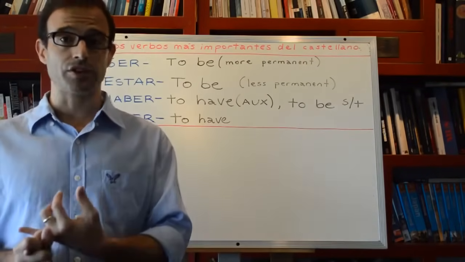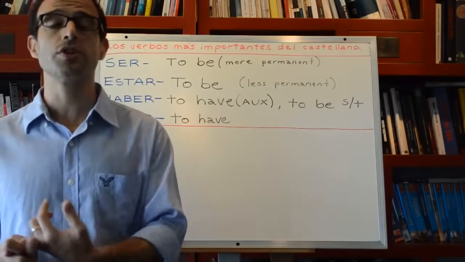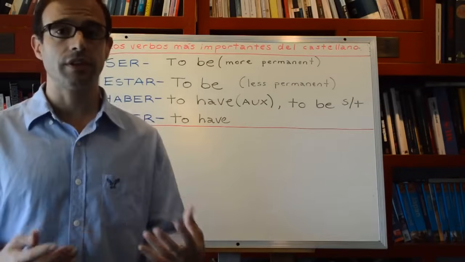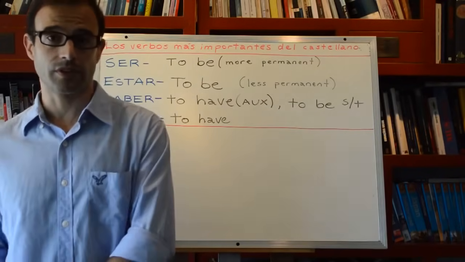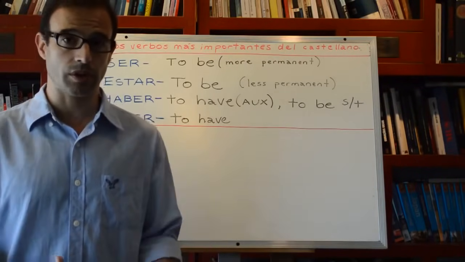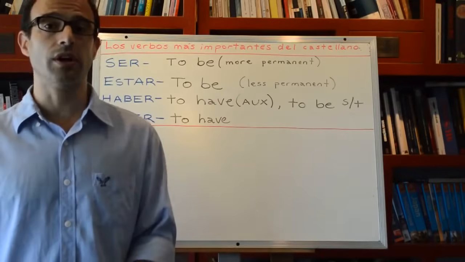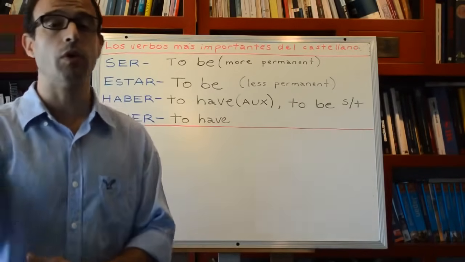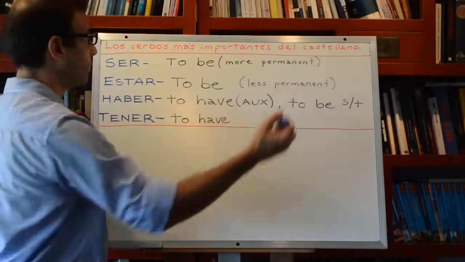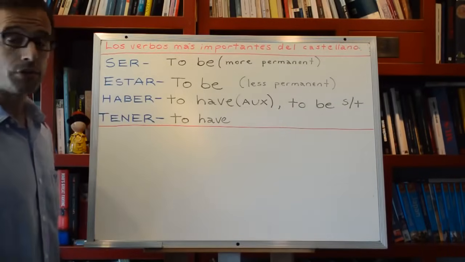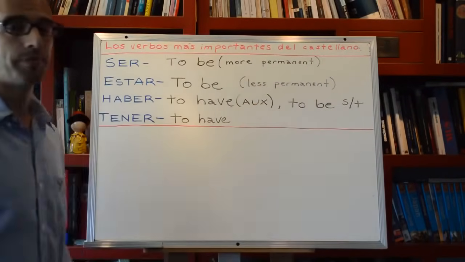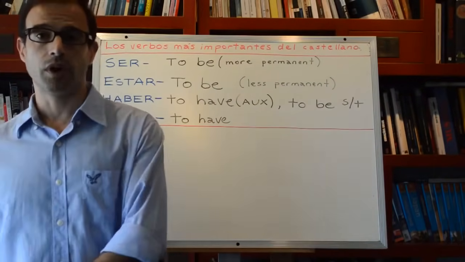Catalan is also Spanish because it is another official language within the Kingdom of Spain, okay? So there are several Spanish languages. And however, the Spanish language that we are learning, the main tongue, the one that is spoken not only in Spain but in all Latin America, is Castilian Spanish, which is castellano. Therefore, the title for today is Los verbos más importantes del castellano, the most important verbs of Castilian Spanish.